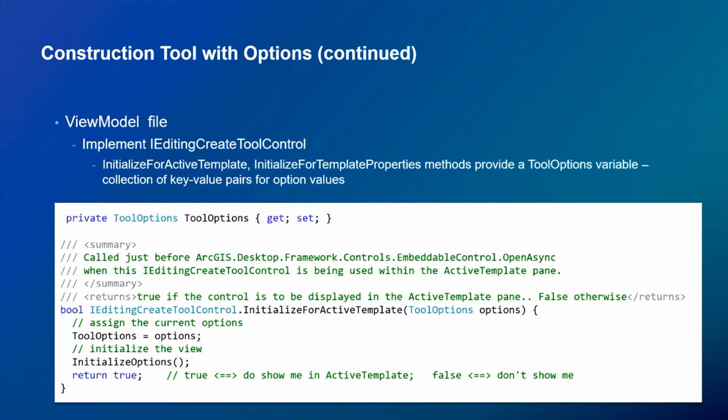The important pieces here are the methods InitializeForActiveTemplate and InitializeForTemplateProperties. One of the method arguments there is the tool options. The tool options itself is a collection of key value pairs of information that we would like to store or retrieve in the context of our creation tool.